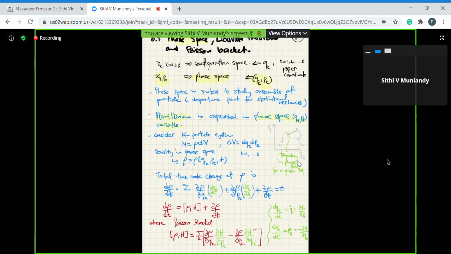Because in quantum mechanics, the Hamiltonian defines everything. So you start by specifying your Hamiltonian for the system. You solve the Schrodinger equation, and in mechanics, you write the Hamiltonian and solve the equation of motion, or you solve the equation of motion to determine the total energy. And if it's conserved, then the Hamiltonian is a conserved quantity.